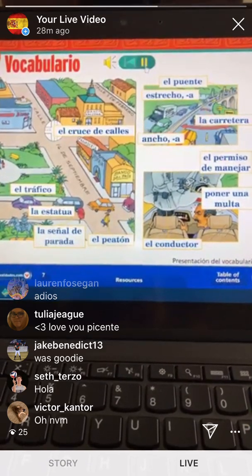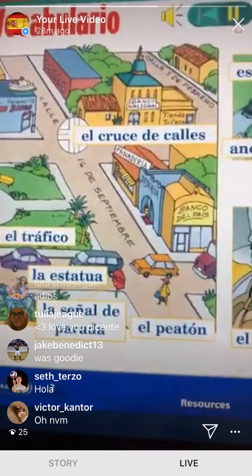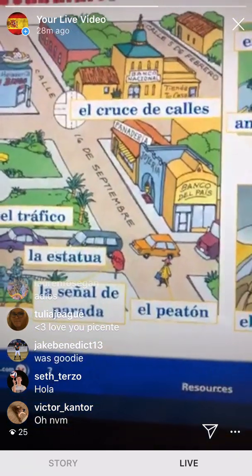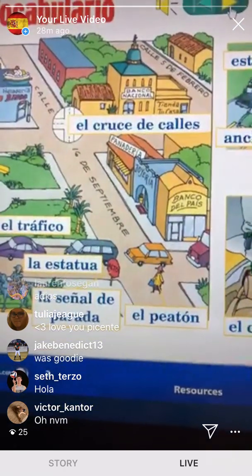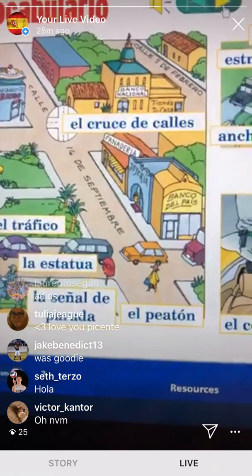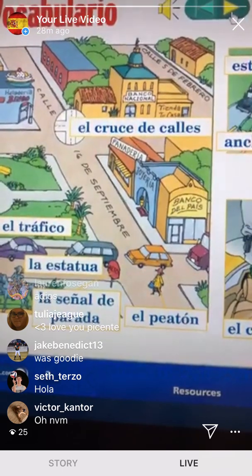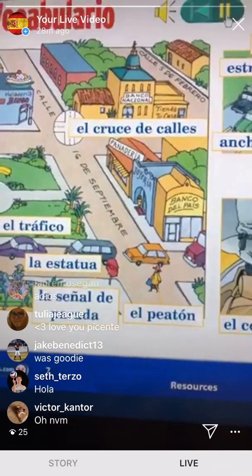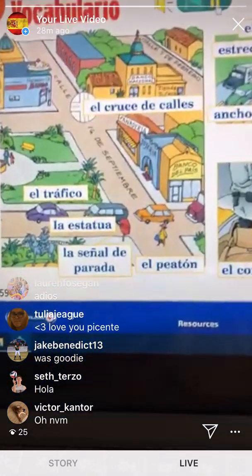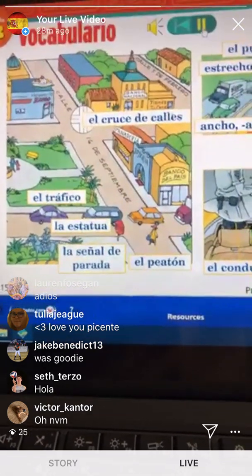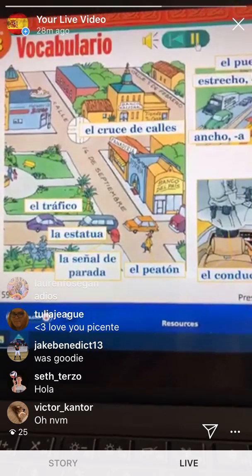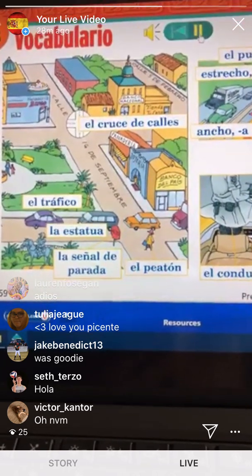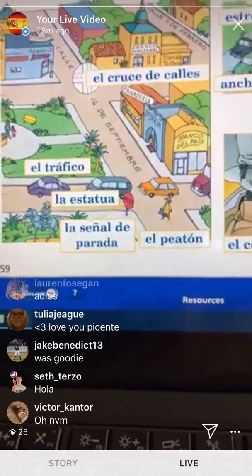El cruce de calles. Intersection. El cruce de calles. It's like saying the cross of the streets, so that makes sense, right? Because at an intersection, the streets cross. Okay. El tráfico. Traffic, got another cognate there. El tráfico. La estatua. Statue.